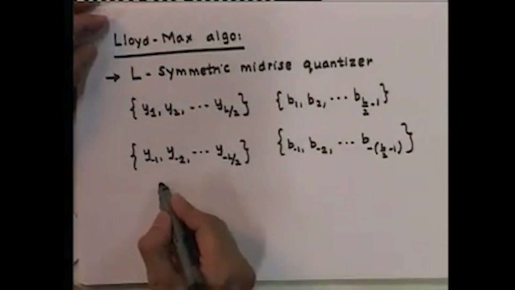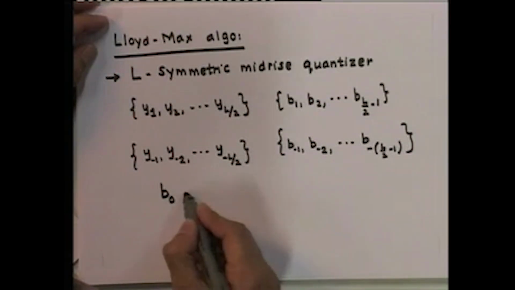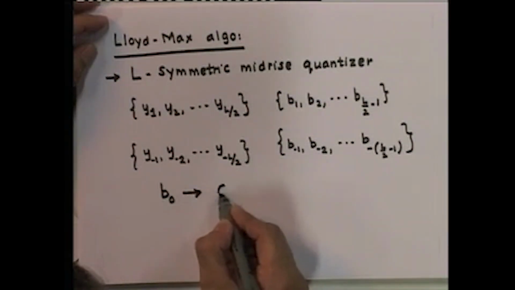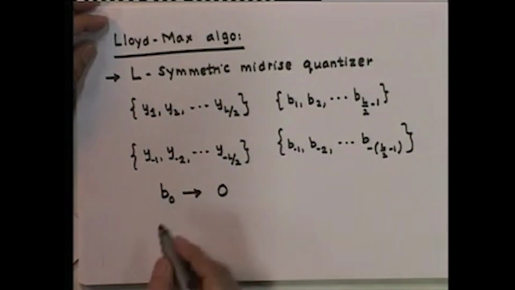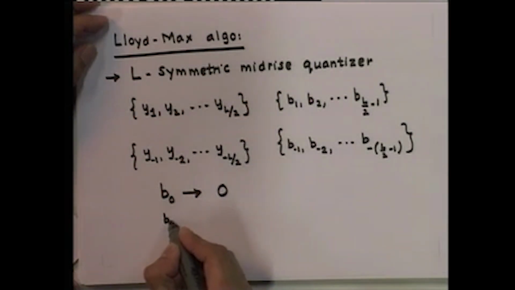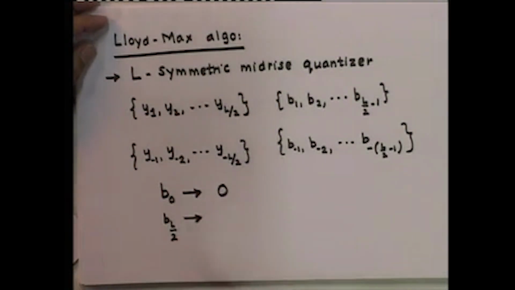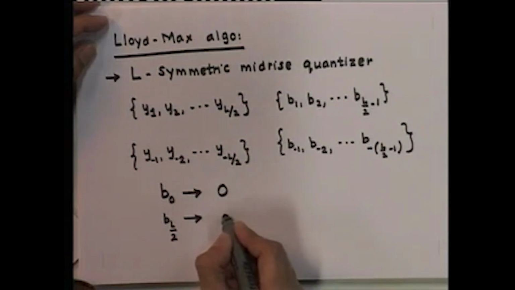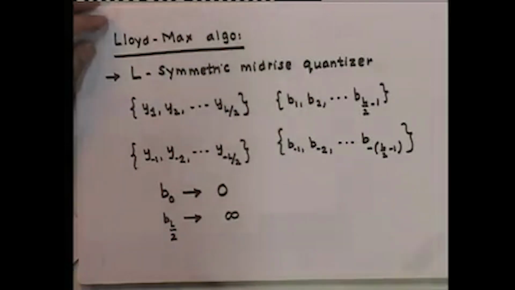The decision boundary b_0 is 0 and the decision boundary b_{L/2} is simply the largest value the input can take, and for unbounded input this would be infinity.